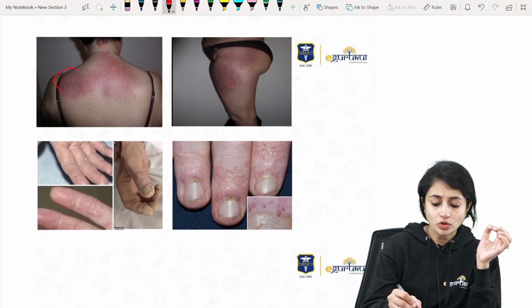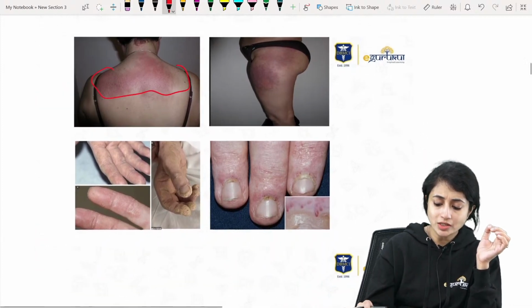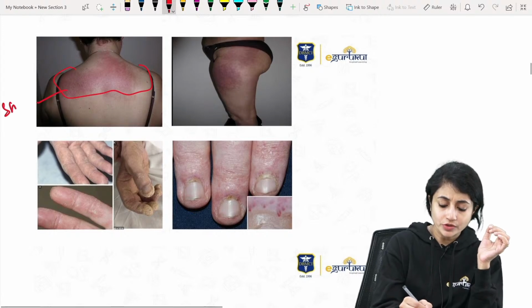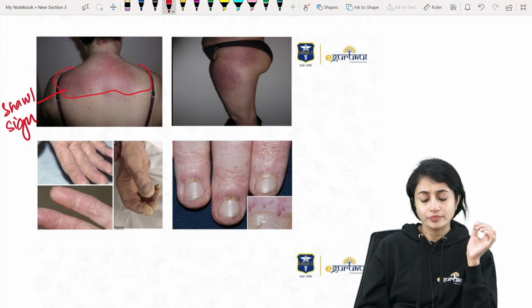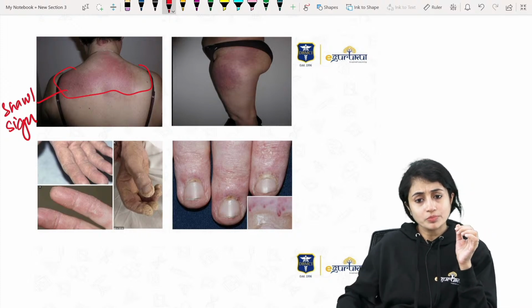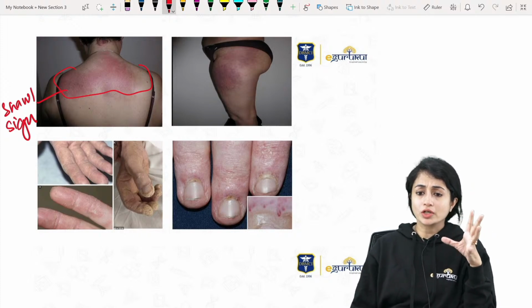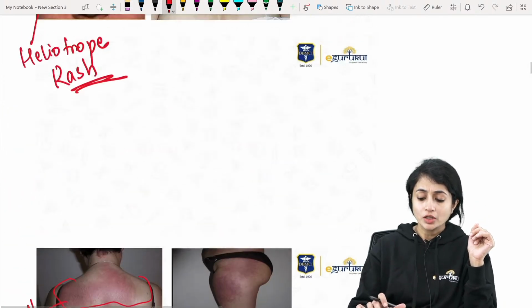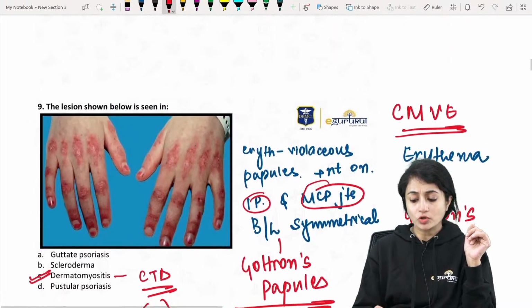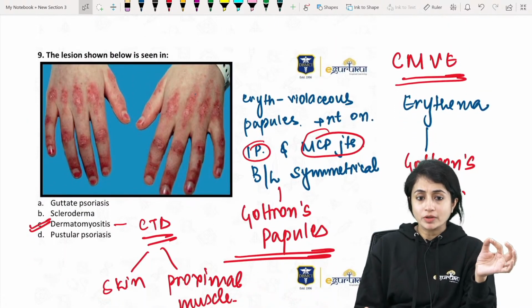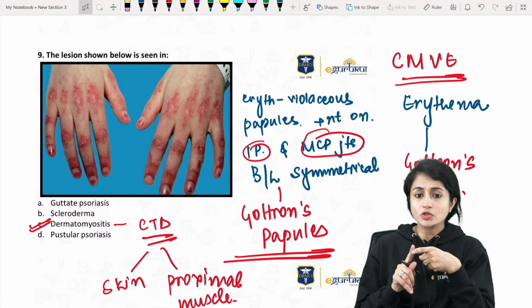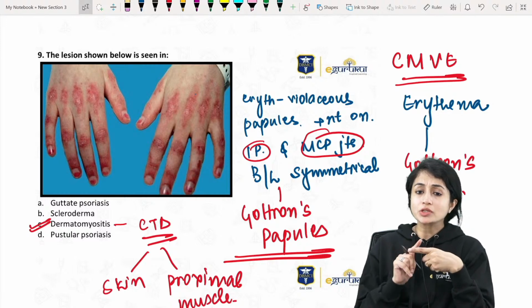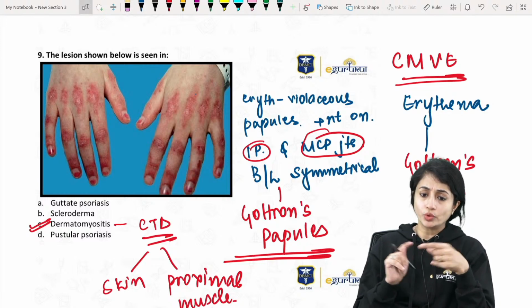It can be present on the back like this, when it is called shawl sign, just like a shawl, or on the posterior aspect of thighs, when it's called holster sign, but I think we can leave that. So Gottron's papules and Gottron's sign are typical of dermatomyositis, which is a connective tissue disorder presenting with skin lesions and proximal muscle weakness.